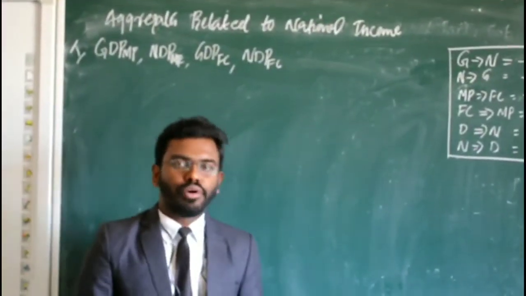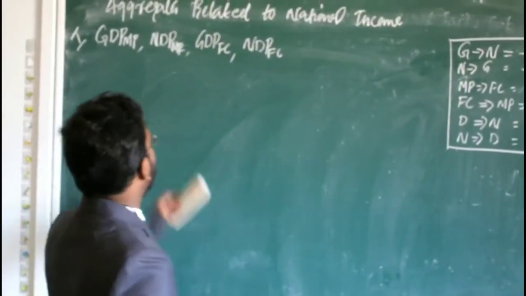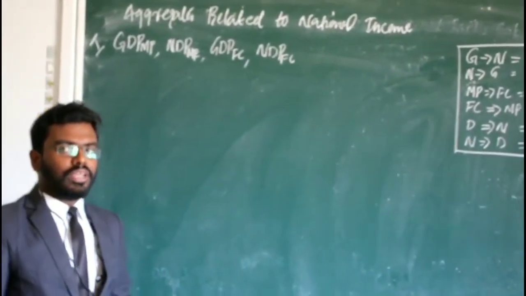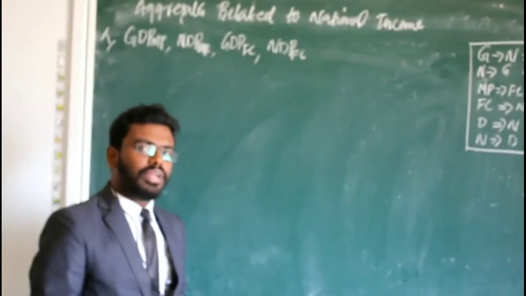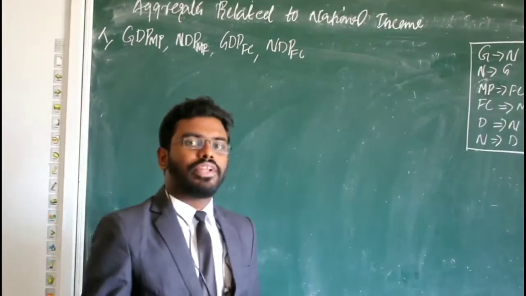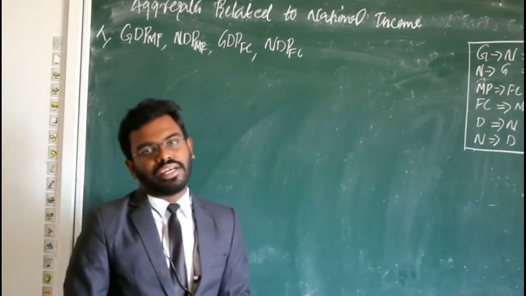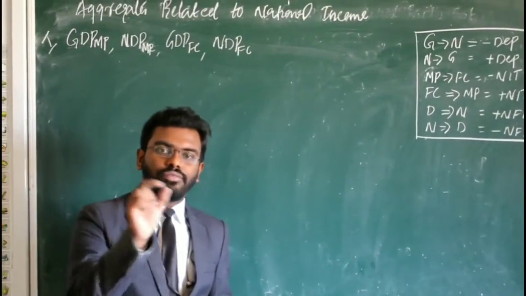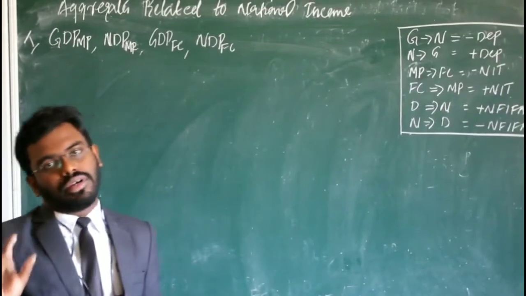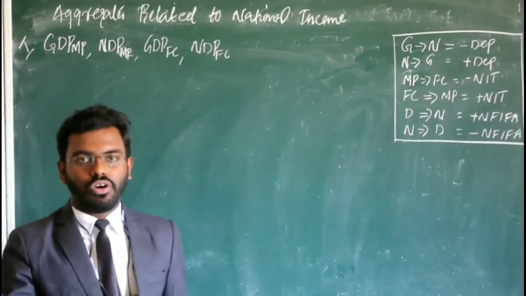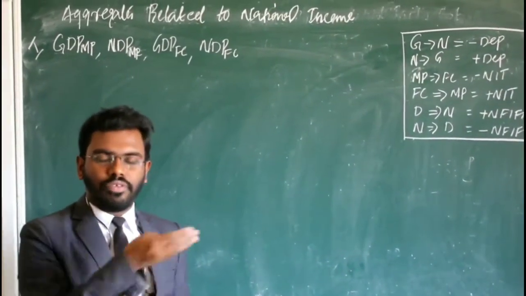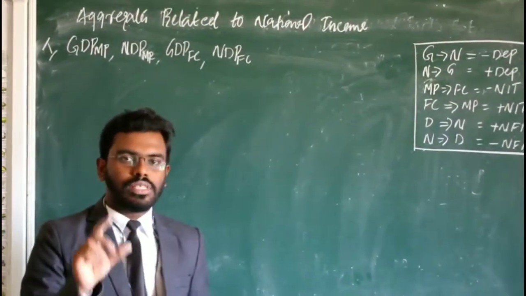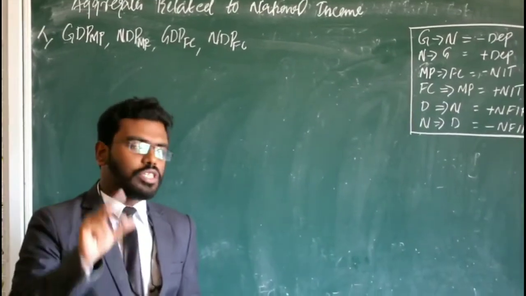So listen here to an important topic of this chapter, that is aggregates related to national income. Here we are going to discuss different aggregates, different concepts related to national income. Firstly, we are going to discuss aggregates related to domestic income or domestic product. In the previous lecture we discussed that from here onwards, instead of using income, we will use product.